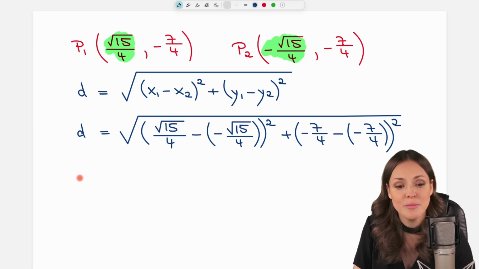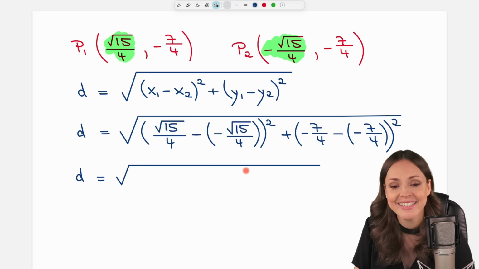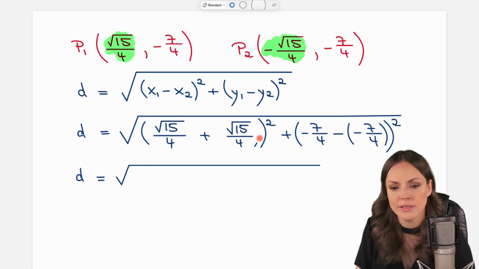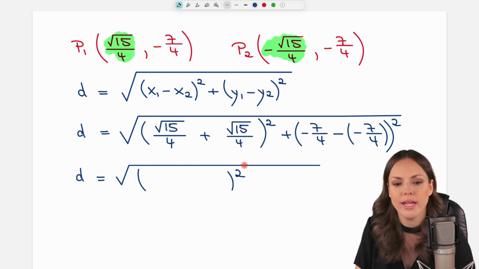Okay, let's simplify this beautiful expression that we have here. Here we have minus minus, which gives us a plus if we get rid of these parentheses here. So we also don't need this one. So in these parentheses that are squared, we have this element plus the same element.